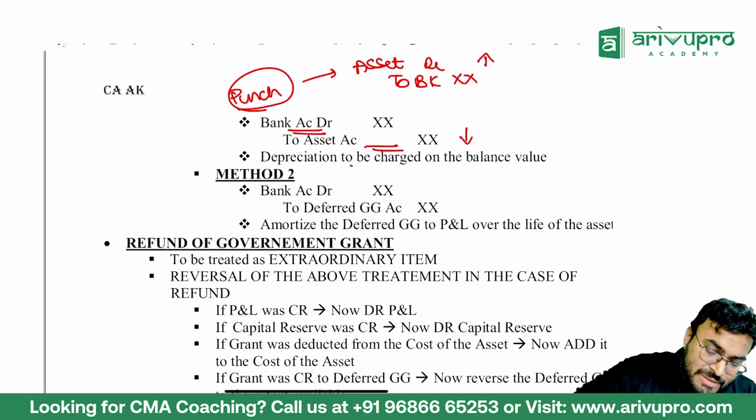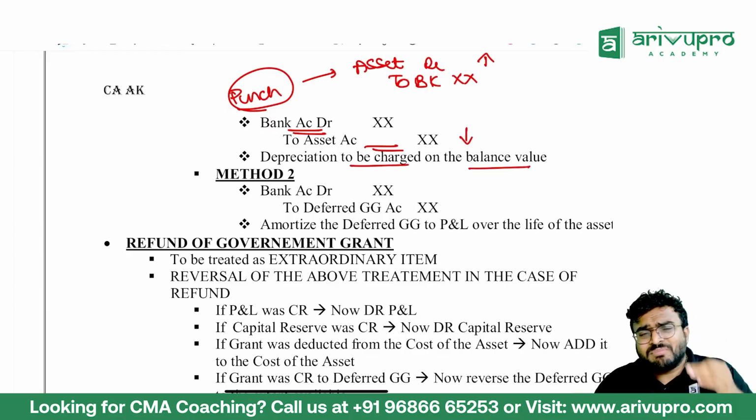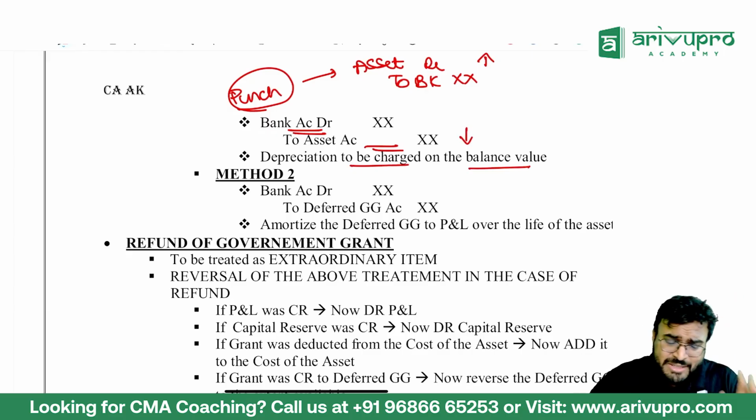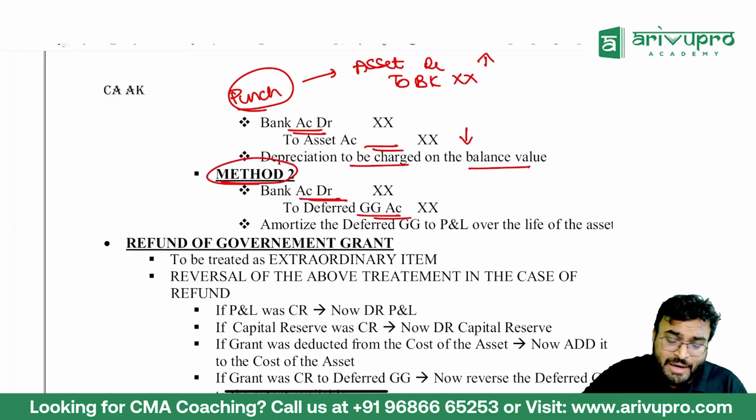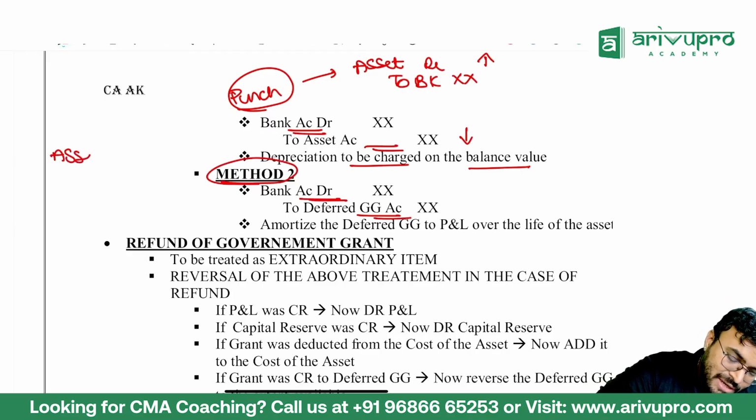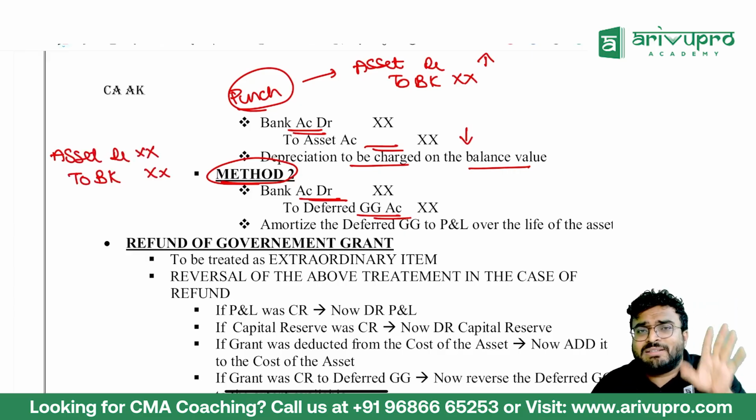Clear? Depreciation is to be charged on the balance value. Whatever balance is there, you will charge depreciation. Method 2: bank account debited to deferred government grant. That means you purchase the asset, asset account debited to bank account. And when I get the government grant, I will not touch the asset at all.